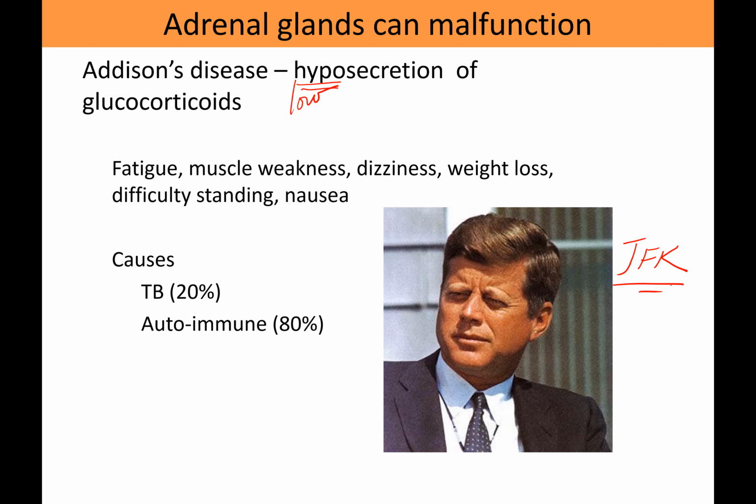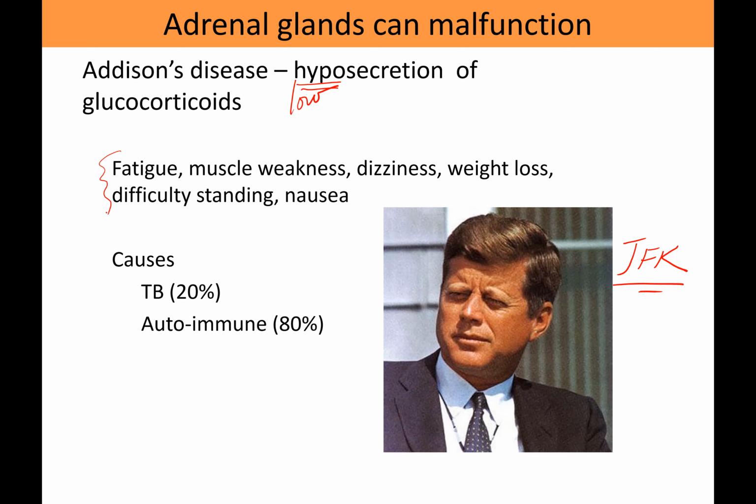He suffered from a lot of these symptoms, and they never said it was Addison's disease, because they didn't want people to know that he wasn't healthy enough to be president. But he would have times where he would get dizzy and pass out on the campaign trail. And they said it was just the rigors of the campaign trail. But in actuality, he had Addison's disease, which actually can be fatal.